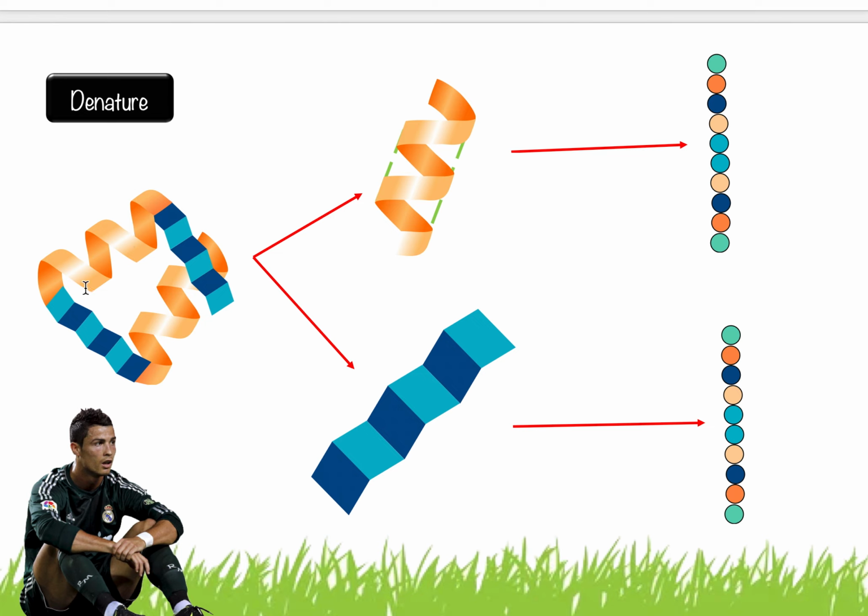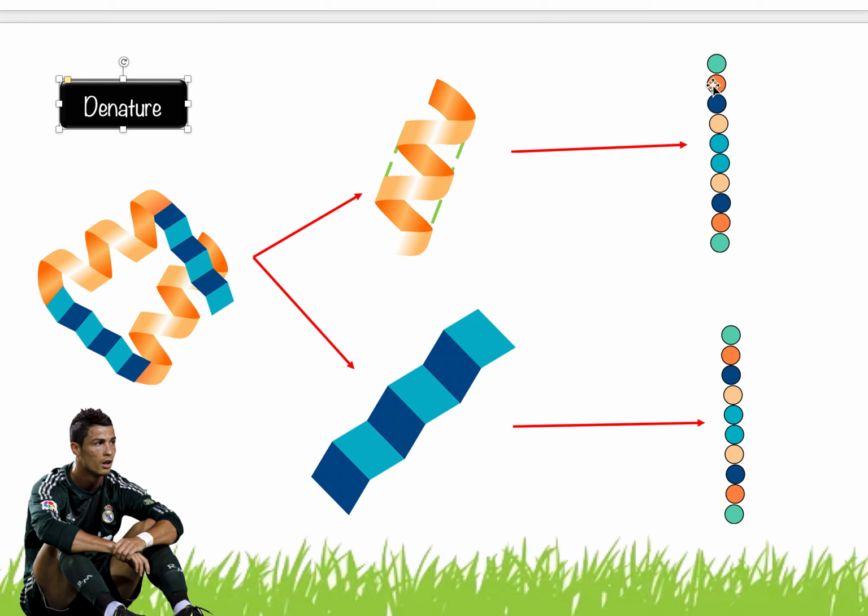They can be made up of alpha helixes and beta pleated sheets, which are all made up of amino acids that folded in some weird way. Now, denaturing is when you give some condition, such as a high temperature, a low pH, or anything like that, that destroys this 3D structure. Denaturing will break this 3D structure into its individual primary structures.